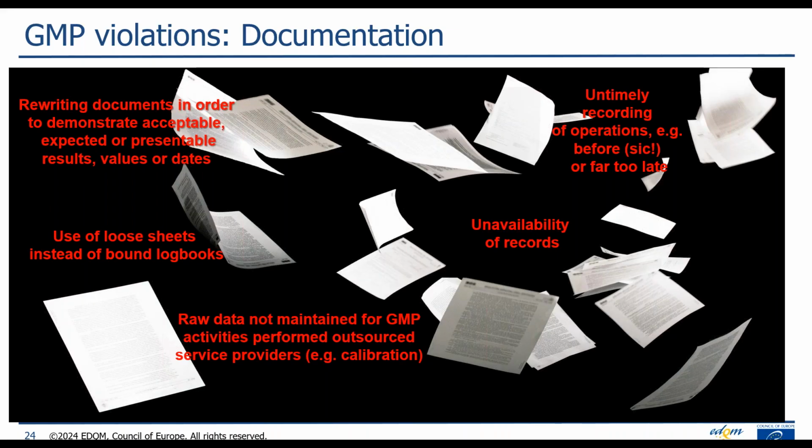The use of loose sheets instead of bound logbooks. This is a bit decreasing, but we have seen in the past very frequently that there is basically no control over the issuance and reconciliation of documents, unavailability of records, and raw data not maintained for GMP activities performed by outsourced service providers, for instance, calibration. Okay.